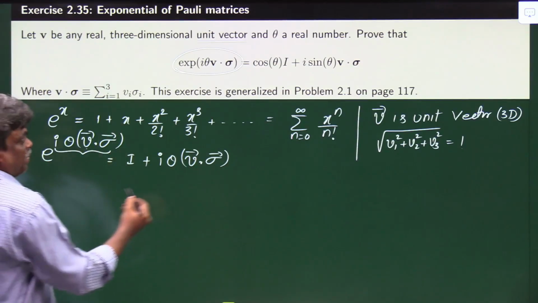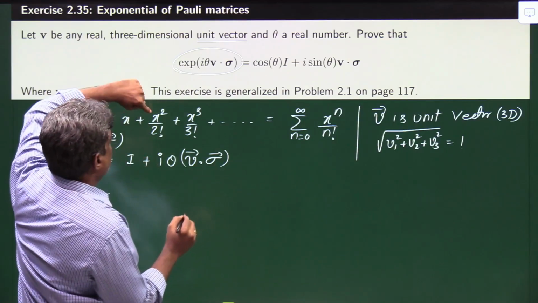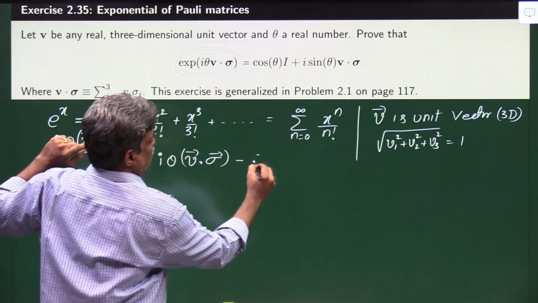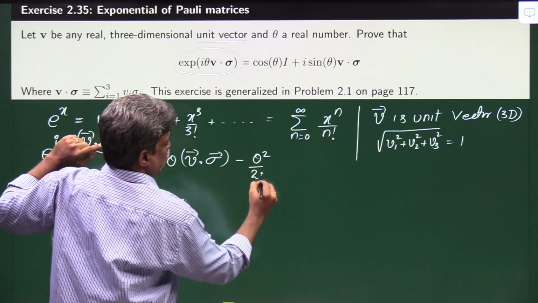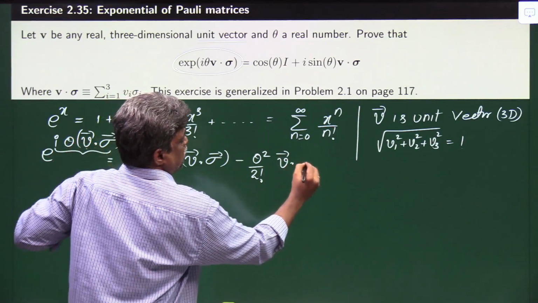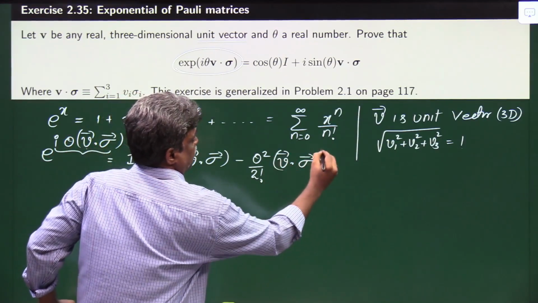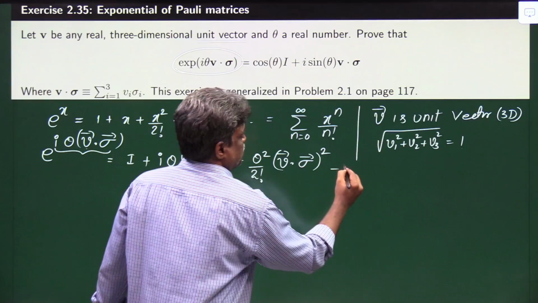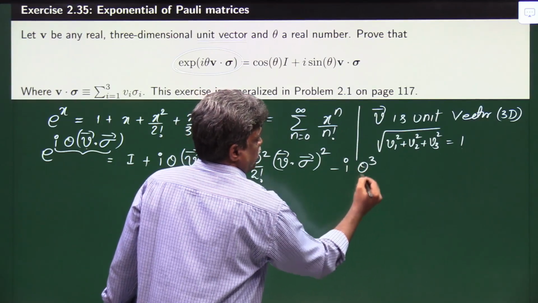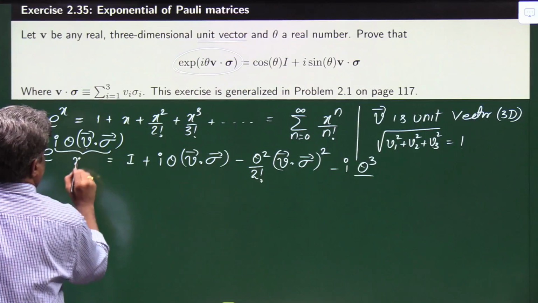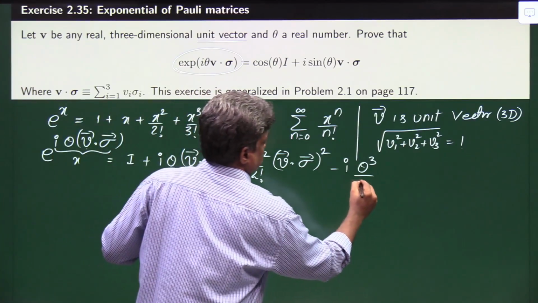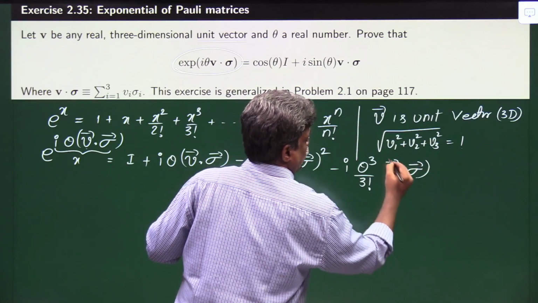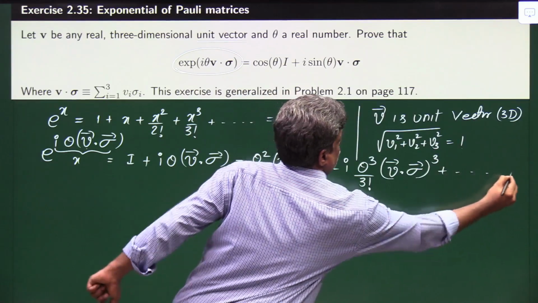Okay, and the next iota square is there, that's why minus, and theta square as usual by 2 factorial and v bar dot sigma whole square. Next cube is there, iota cube is minus iota and theta cube, just take this as x and substitute here, by 3 factorial, v bar dot sigma whole cube, and so on.